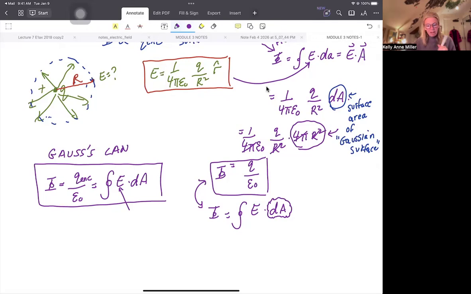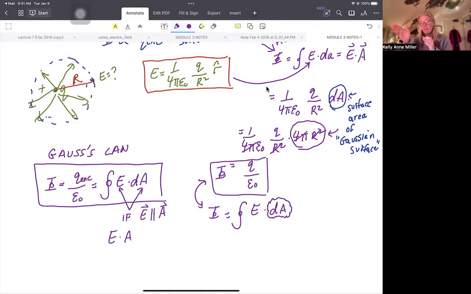Okay, so if we assume the E field is parallel to the surface area vector, then this integral just becomes the electric field times the area.